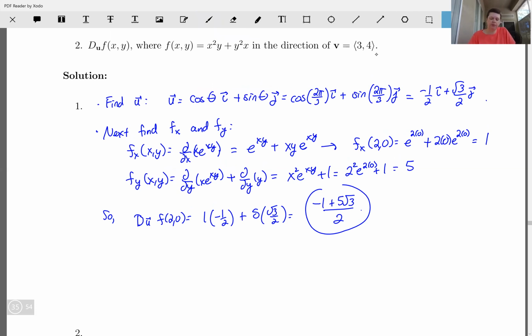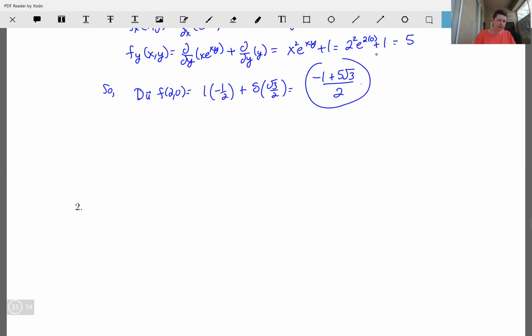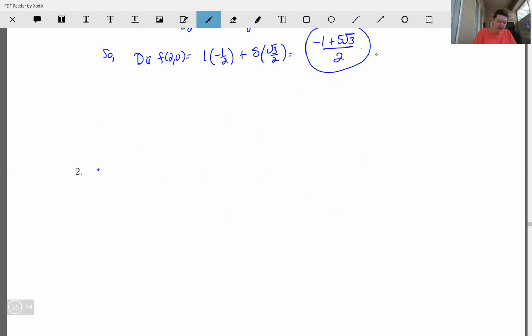Let's find the directional derivative of f, a different f this time, in the direction of u. So f of x, y equals x squared y plus y squared x, but this time I want it in the direction of the vector v, given in component form as (3, 4). Here, v is not a unit vector, so we need to normalize it.